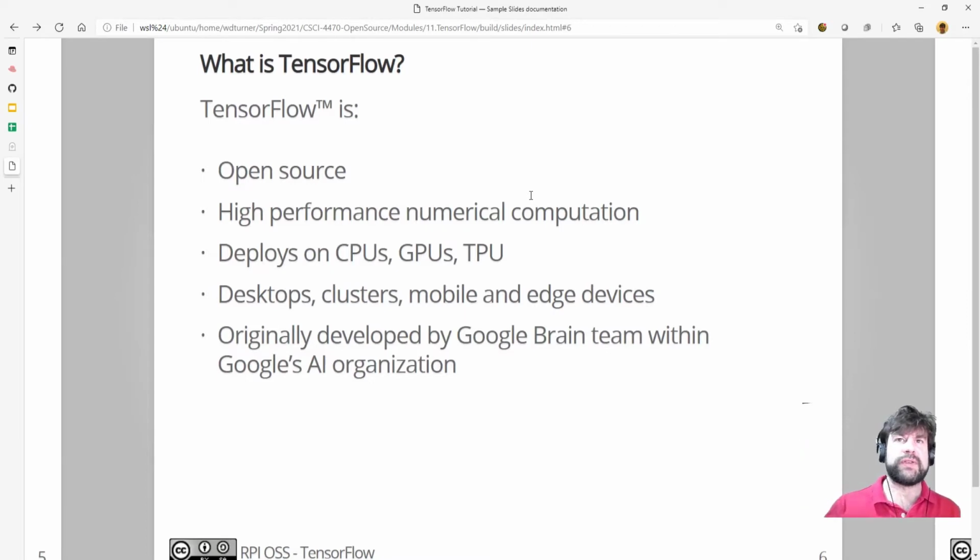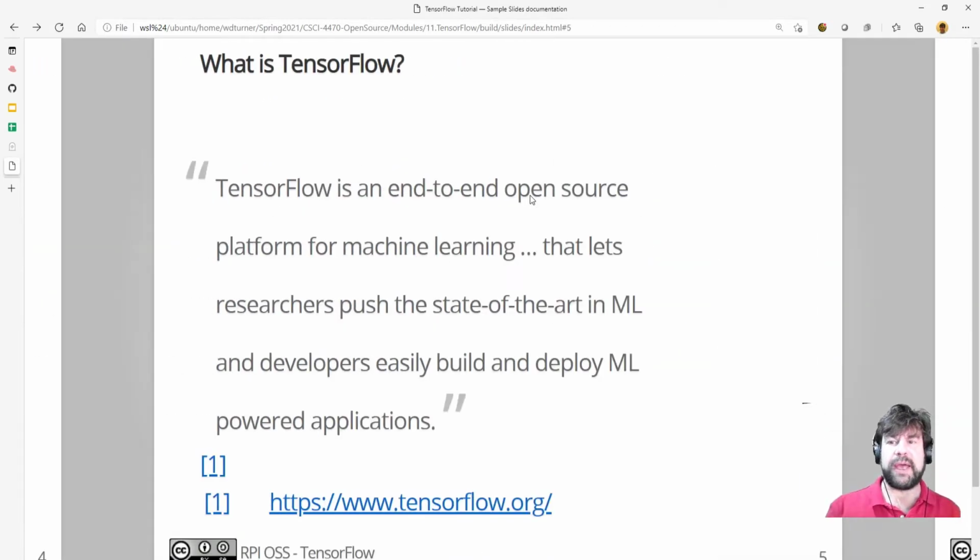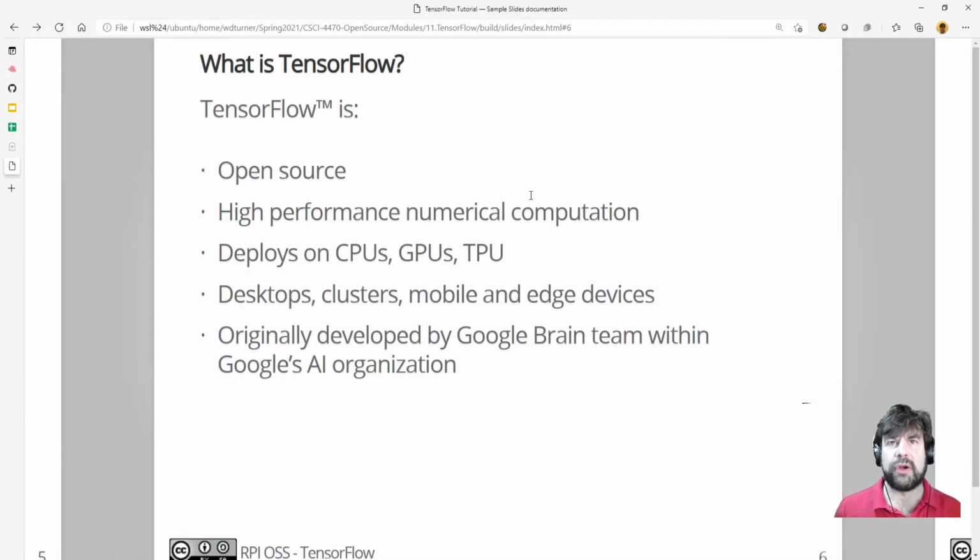Open source is something that doesn't really come out from that first little blank, but in order to do machine learning, you need the ability to do high performance numerical computation. So in lab, you'll actually do a machine learning neural net kind of application. We're not going to do that today in this class. We'll set you up for it.